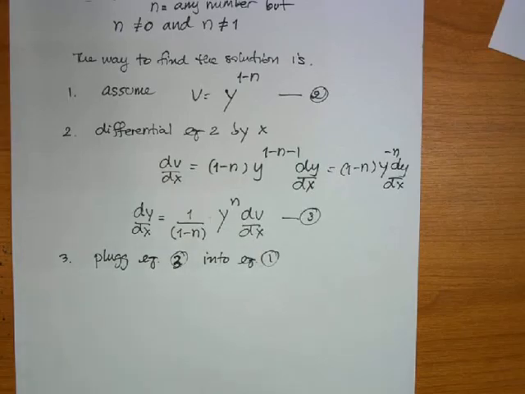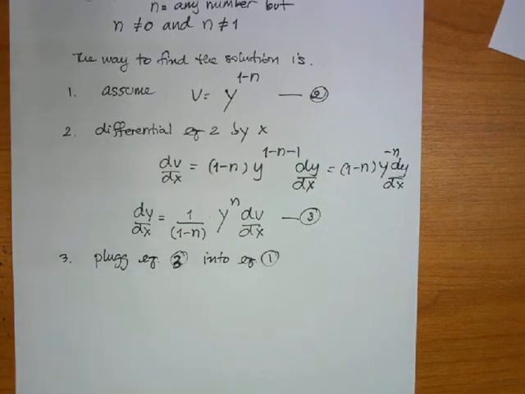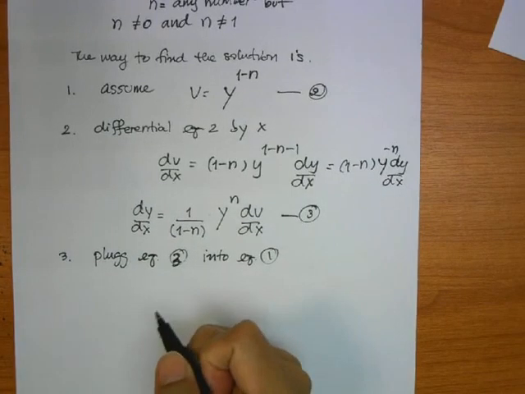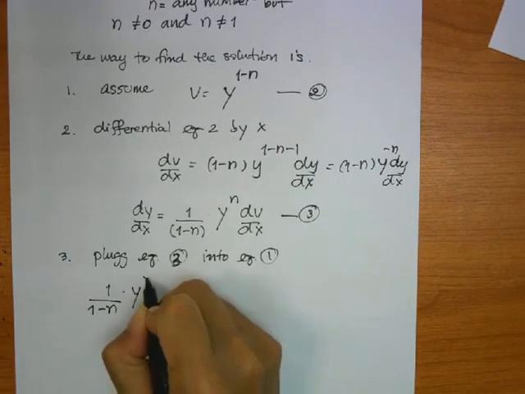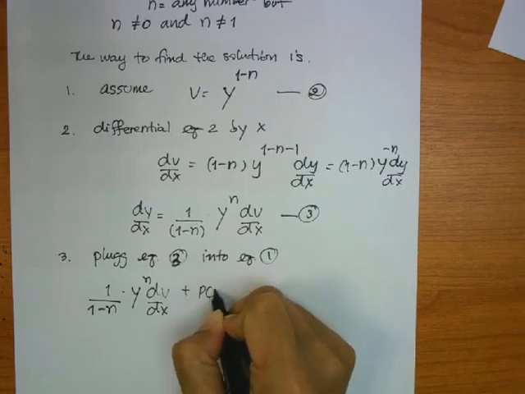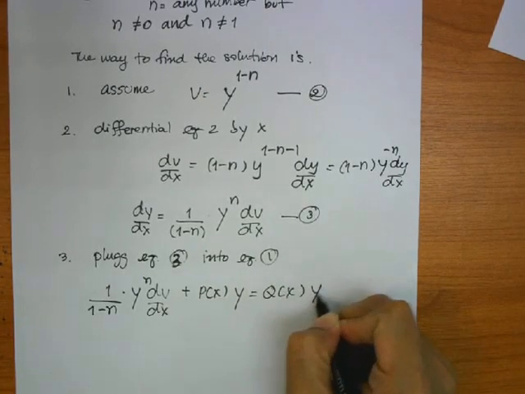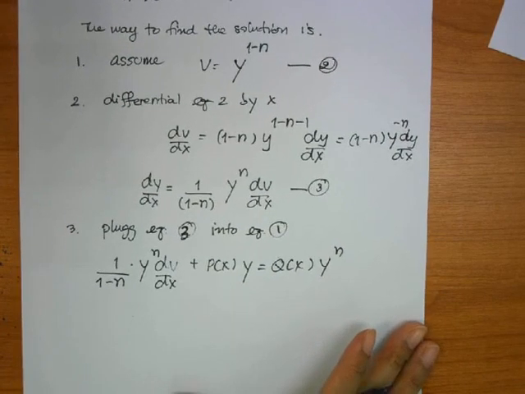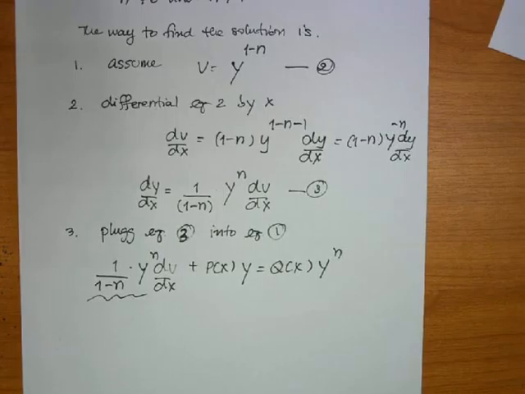So you would get 1 over 1 minus n times y to the power n times dv/dx plus p(x)y equal to q(x) times y to the power n. And then you make the coefficient in front of dv/dx equal to 1.